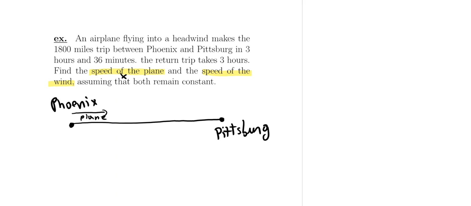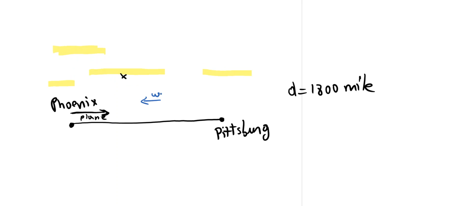So from Phoenix to Pittsburgh, there are 1,800 miles, so the distance is 1,800 miles. And then it takes 3 hours and 36 minutes to go from Phoenix to Pittsburgh into a headwind. That means that if the plane goes this way, the wind is going the other way.